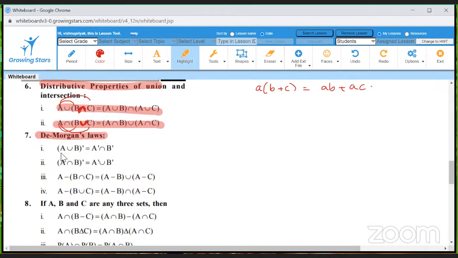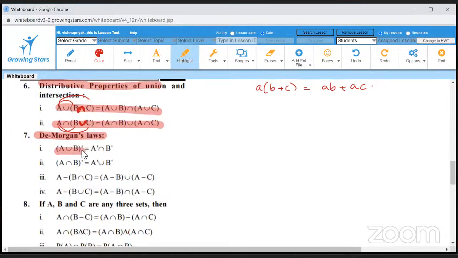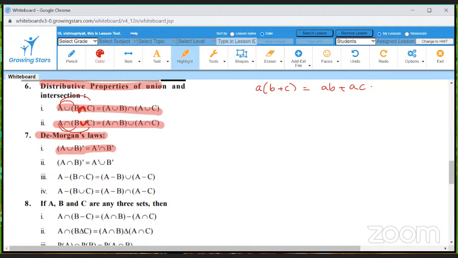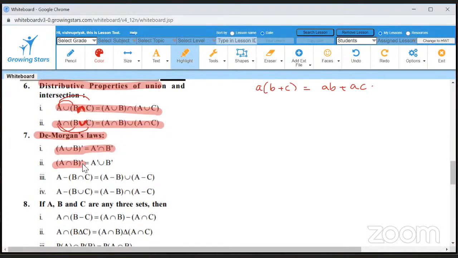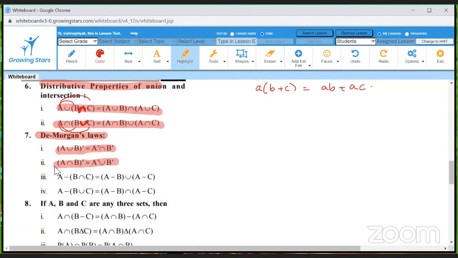Then there is a law called De Morgan's law. A union B whole dash is A dash intersection B dash, or A intersection B whole dash is A dash union B dash.